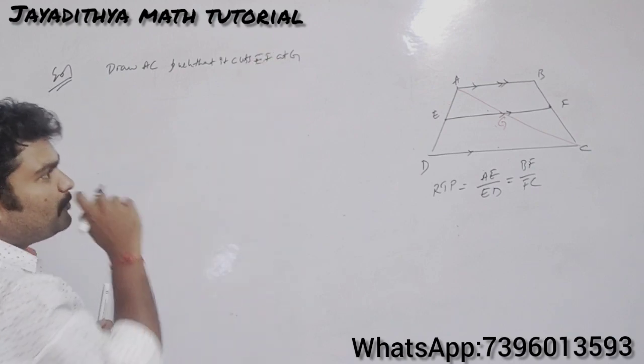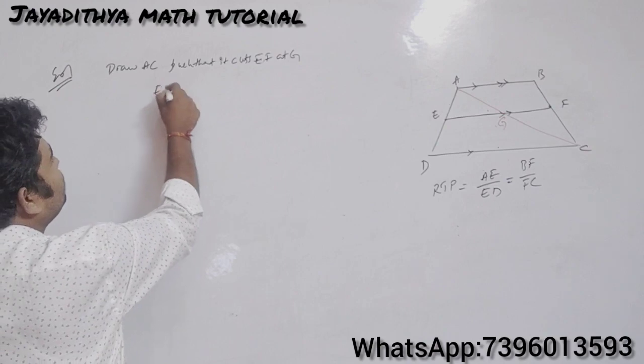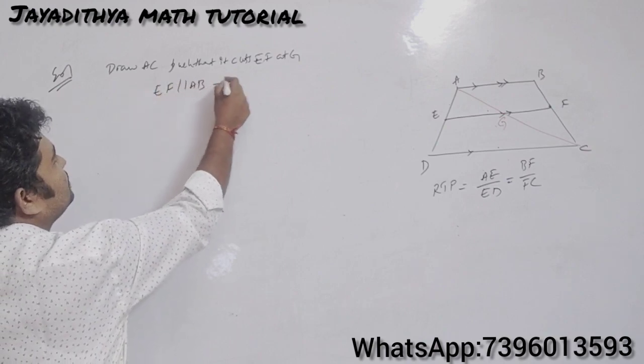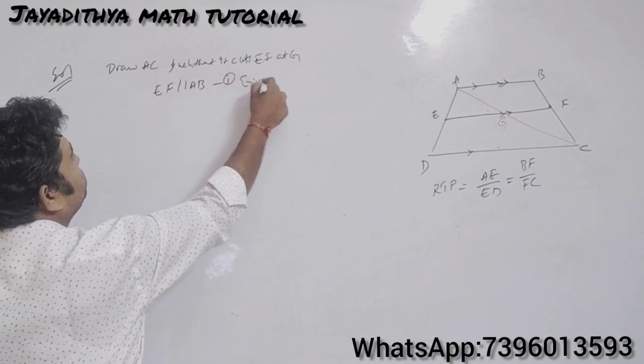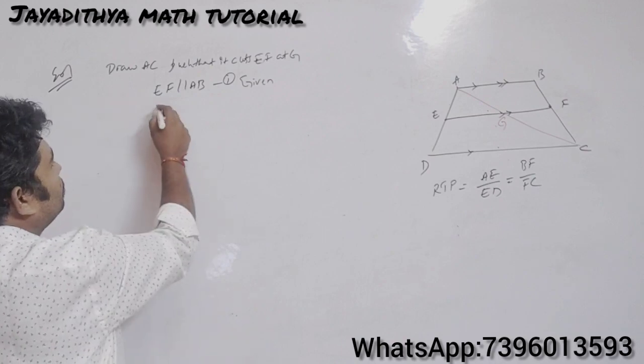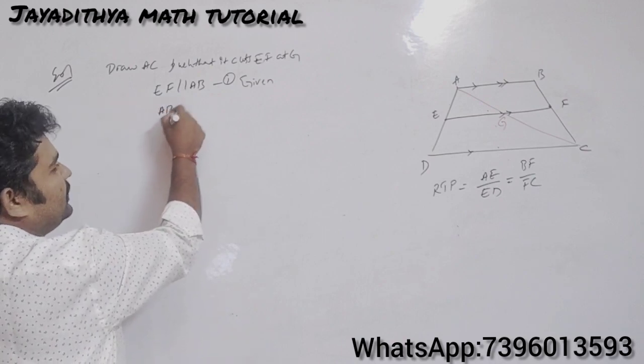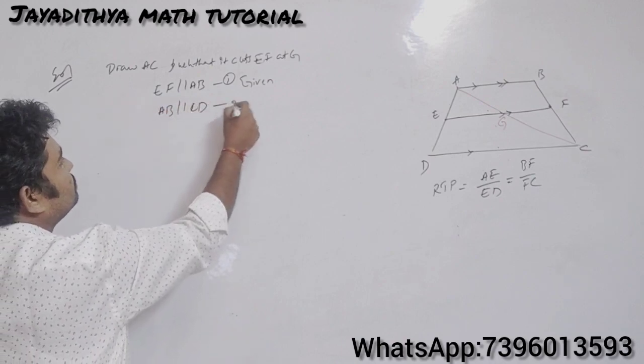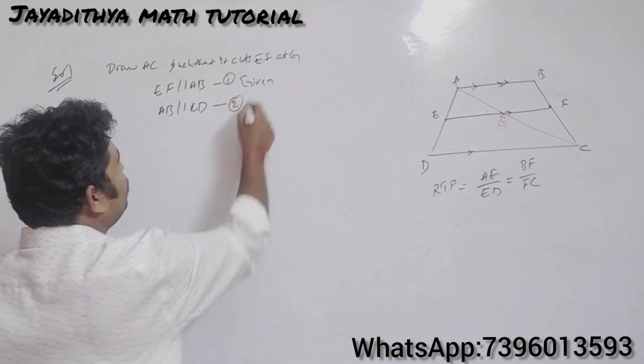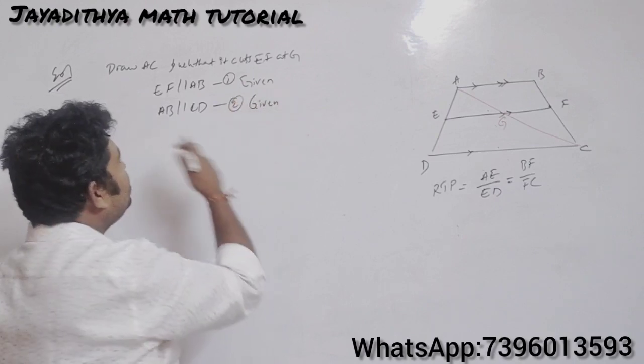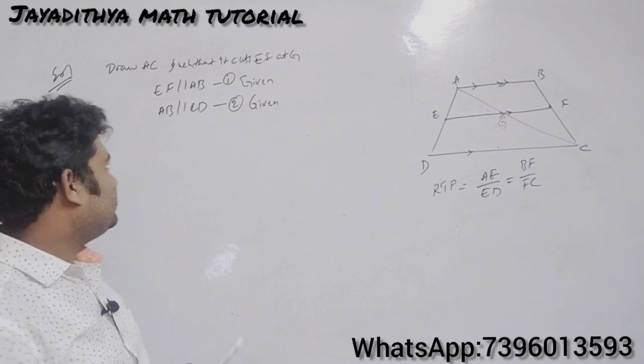What information do we have? You know that EF is parallel to AB. This is one given condition, and also AB is parallel to CD. This is also given information, because AB and CD are the parallel sides of the trapezium.